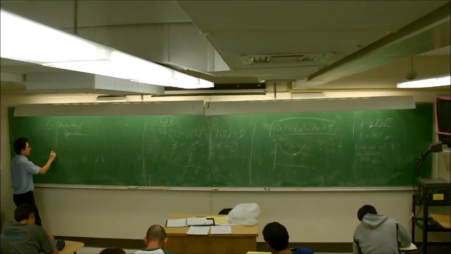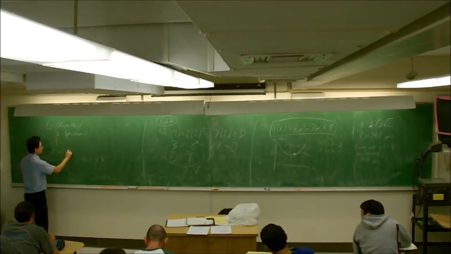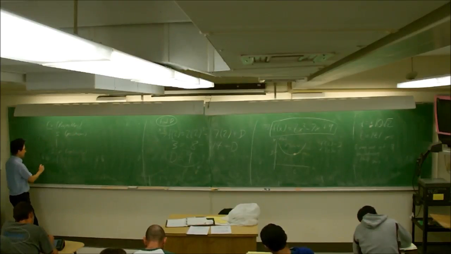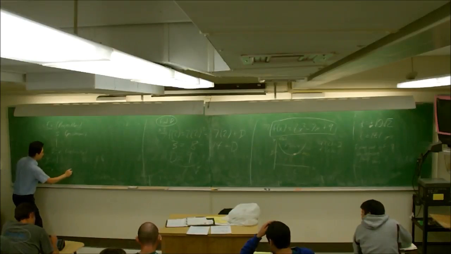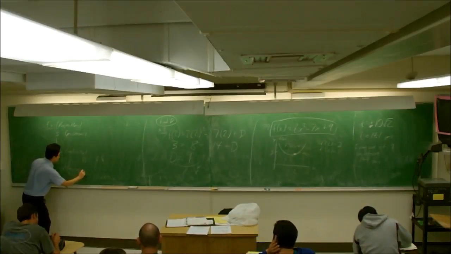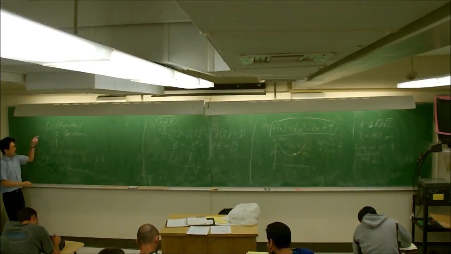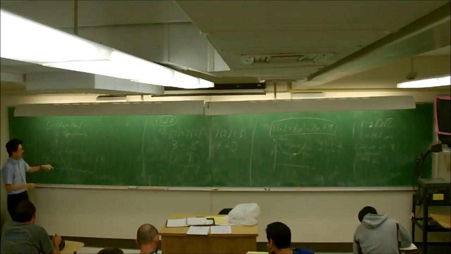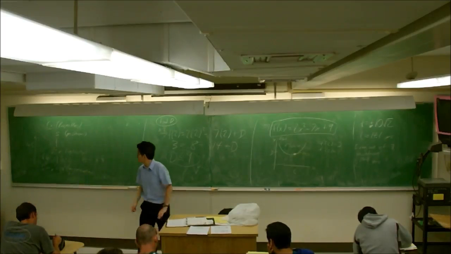S prime is V, which is velocity. And the derivative of V, the second derivative of S, is A, for acceleration. Very simply, in chapter 4, we went down. In chapter 5, we're going to go up the ladder, not down.